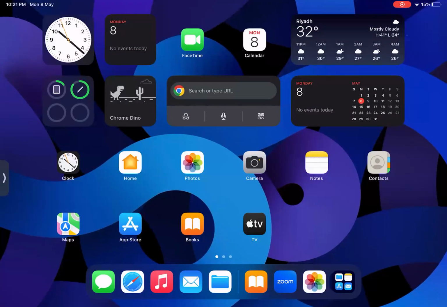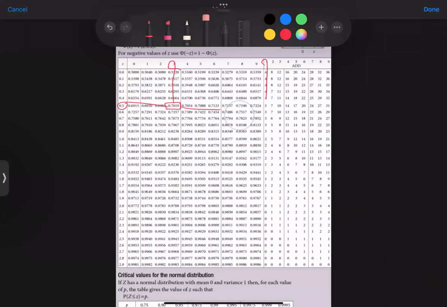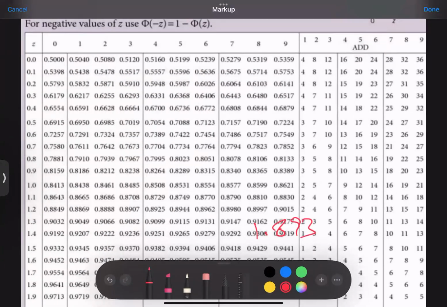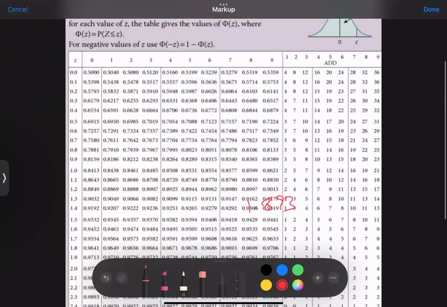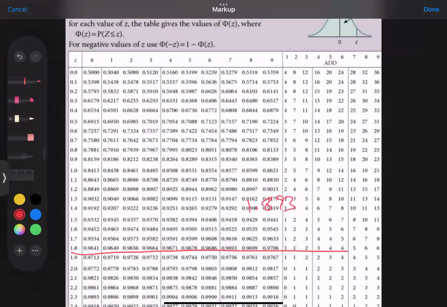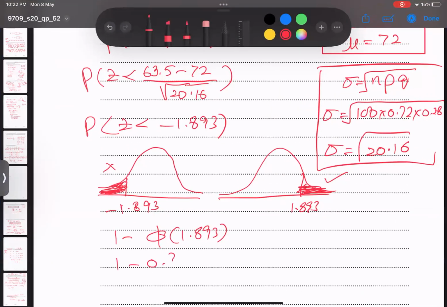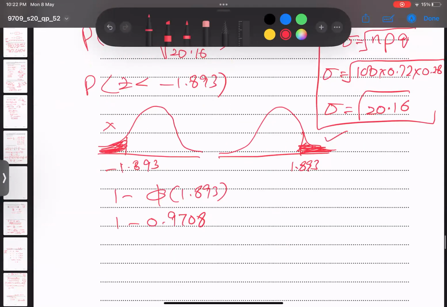Looking up 1.893 in the table, the line 1.89 gives 0.9706, and the 3 adds 2, so it is 0.9708.